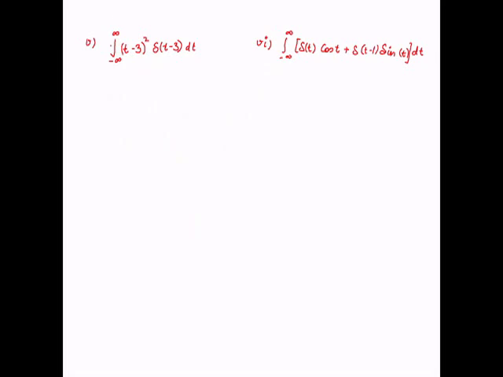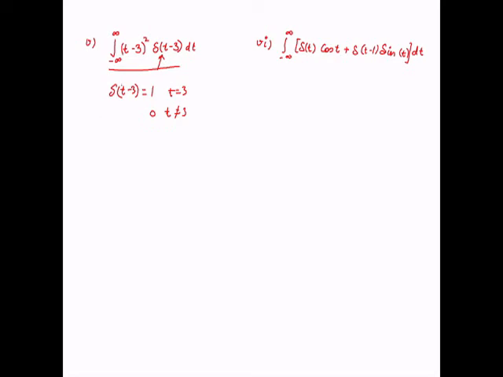So next we are having this representation. We have to evaluate this signal. So again we have to define delta t minus 3, which is equal to 1 when t is equal to 3. If t is not equal to 3, then this is 0. So this is the representation for this portion.